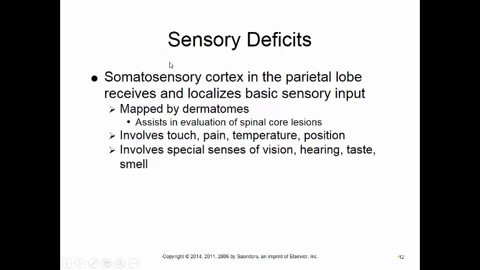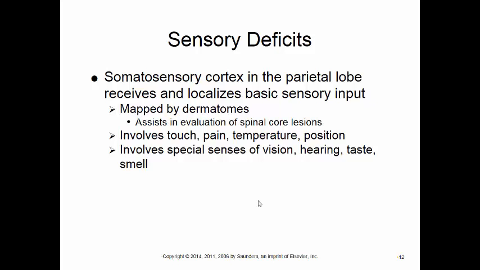Sensory deficits can indicate that there's damage to the somatosensory cortex. This is what processes the sensory information in the parietal lobe of the brain, and it receives and localizes sensory input. It can be mapped by dermatomes. So these are different areas of the skin that correspond to different spinal nerves.